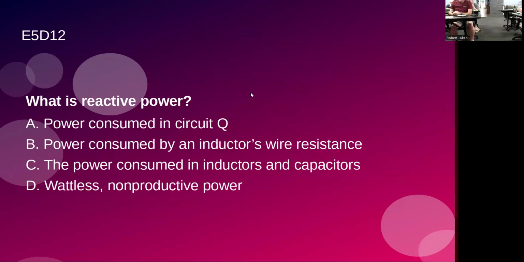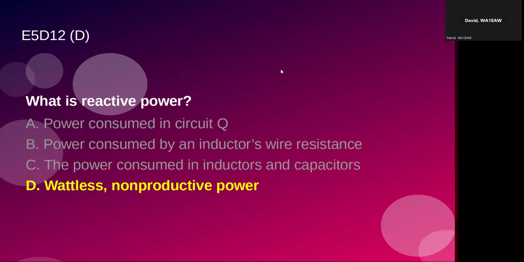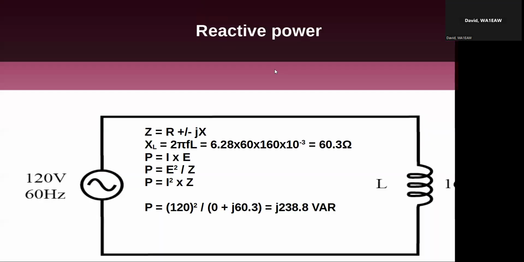So what is reactive power? Useless. Okay, so if I have a circuit with just an inductor instead of a resistor, I apply my 120 volts, I'm going to get a current through it.